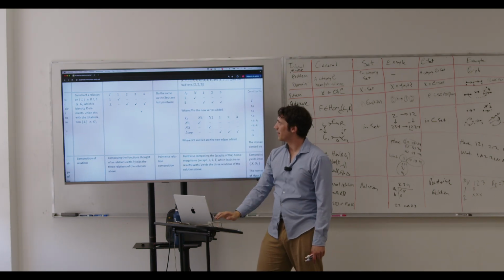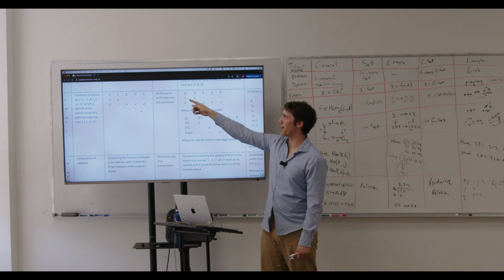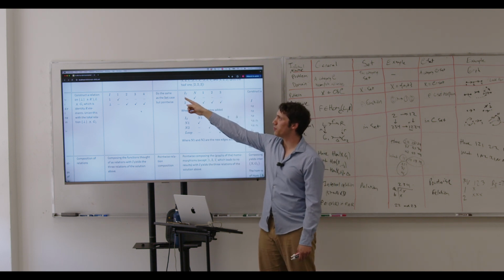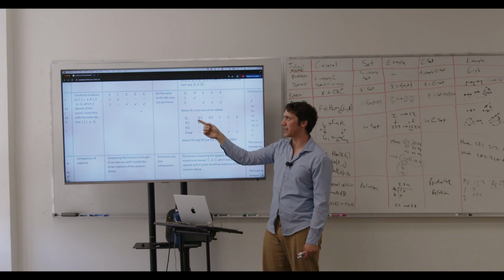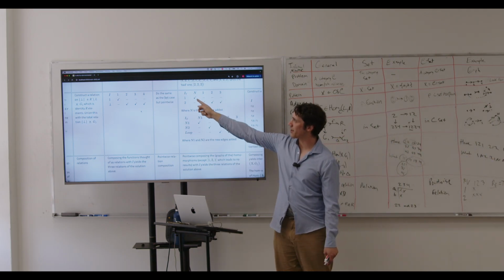Likewise, in C-set, we have a pointwise relation where I have a new vertex and an old vertex in my co-kernel. The new vertex is related to the new vertex in G2. That's what that check mark is.